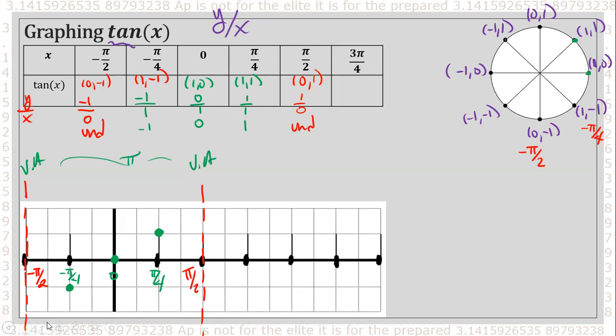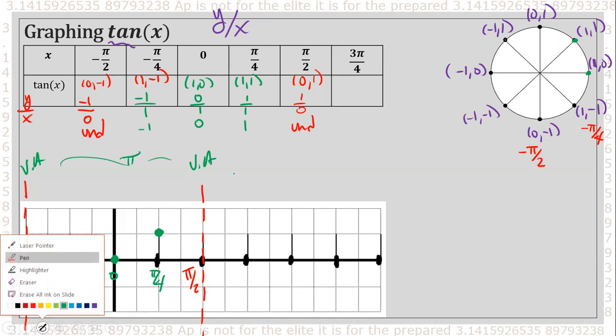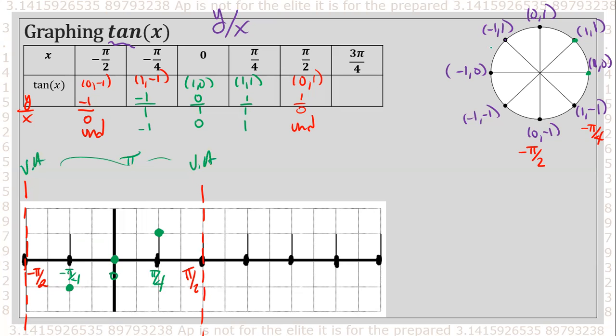Let's continue this same procedure. Okay, I'm in green. So 3 pi over 4. 3 pi over 4 is right over here. And then my point is negative 1, 1. And my value for this is 1 divided by a negative 1, which is a negative 1. Right over here, this is my 3 pi over 4.